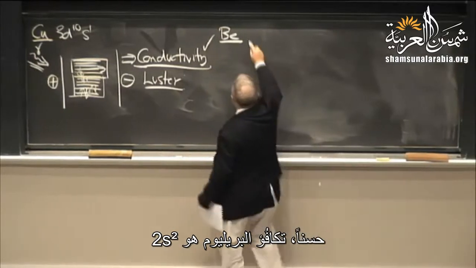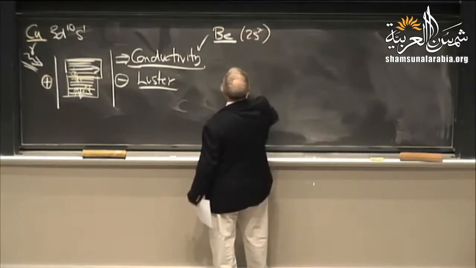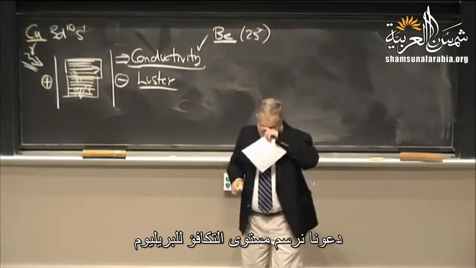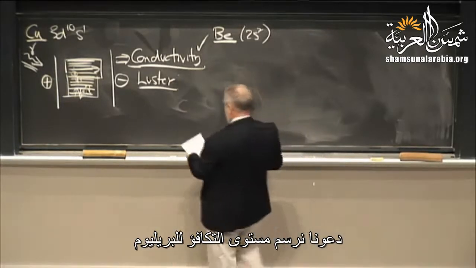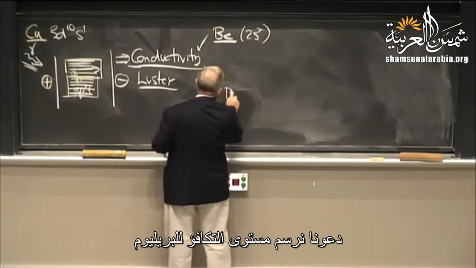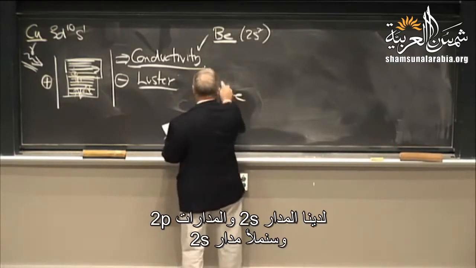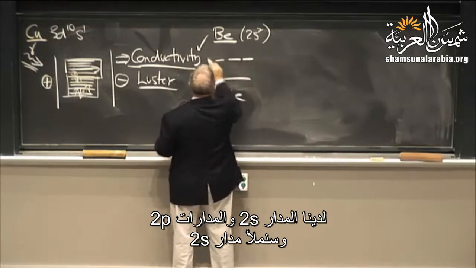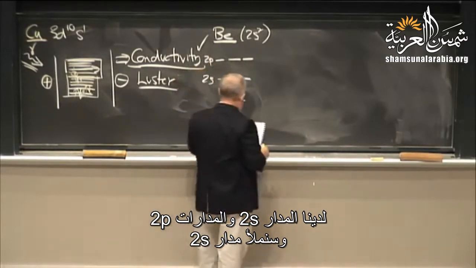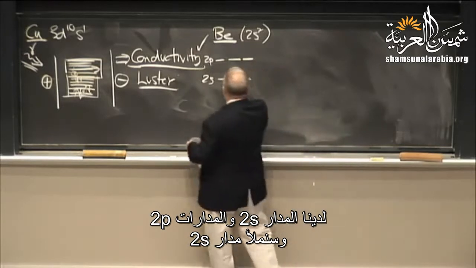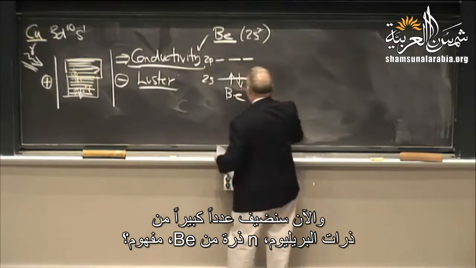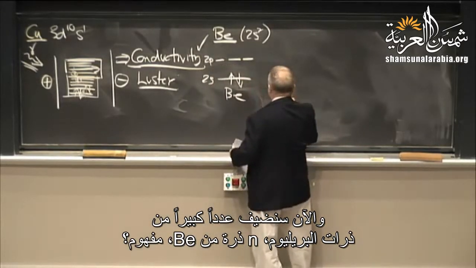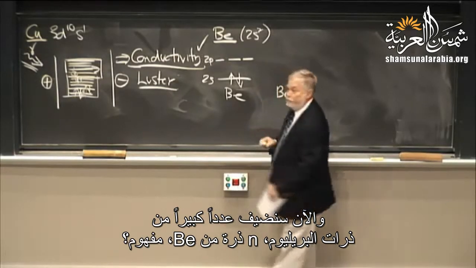Well, beryllium is 2s2. So now let's draw the thing for beryllium. We have beryllium, let's do 2s, and now 2p. We populate this, and now we want to add n beryllium atoms.